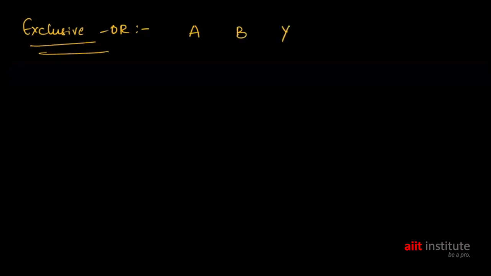Now, let us try to understand the final basic gate, which is exclusive OR. As the name itself says, it is exclusive OR. If we consider OR truth table A, B, Y, where Y equal to A plus B, correct?